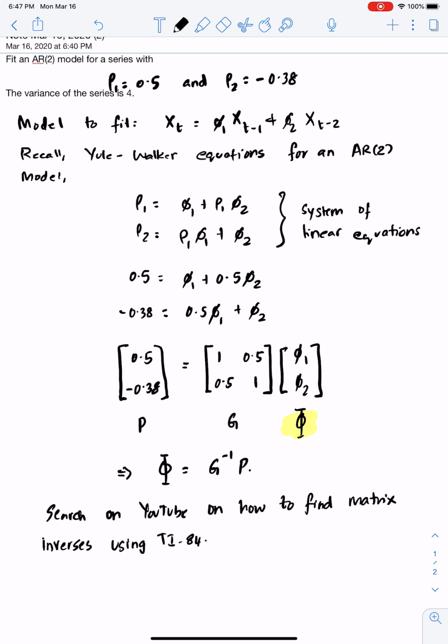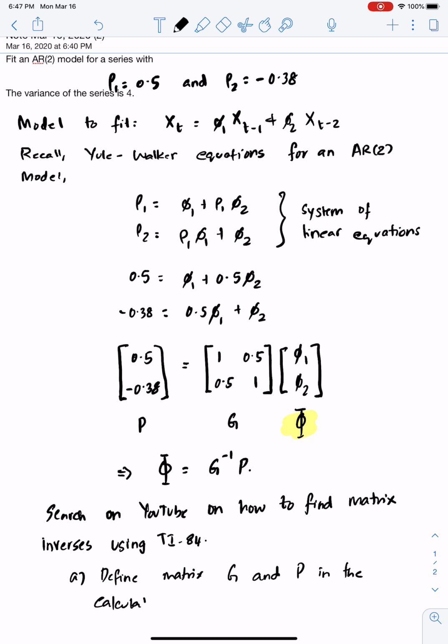Assuming you find the video, I'm sure that there are plenty of videos online on finding the matrix inverse using a TI-84. The key steps here are to define matrix G and P in the calculator.